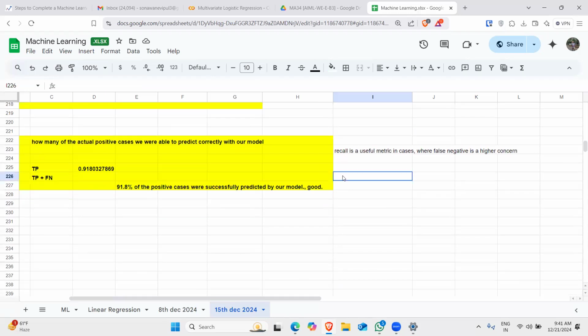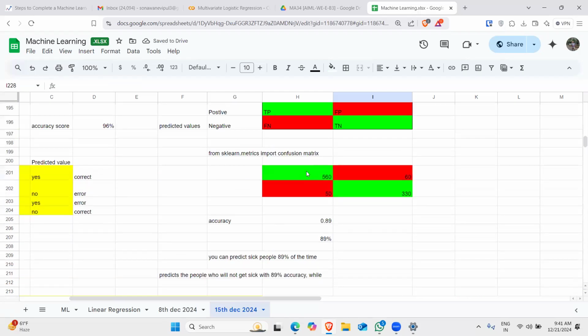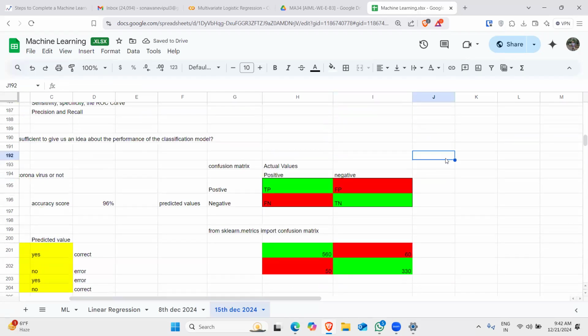And recall is useful metric in medical cases, right? In medical cases, false negative is important for you. Let's just try to understand the significance of each and every term. What is true positive? What is false positive? Then you'll understand.